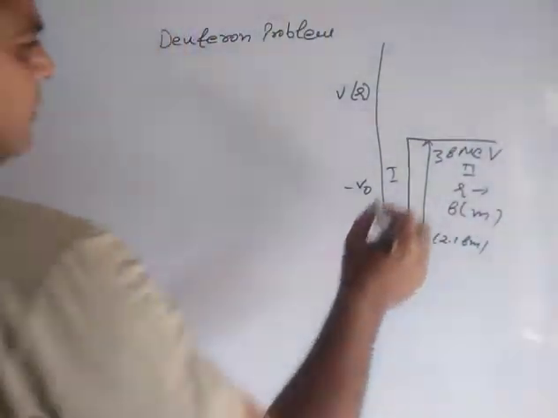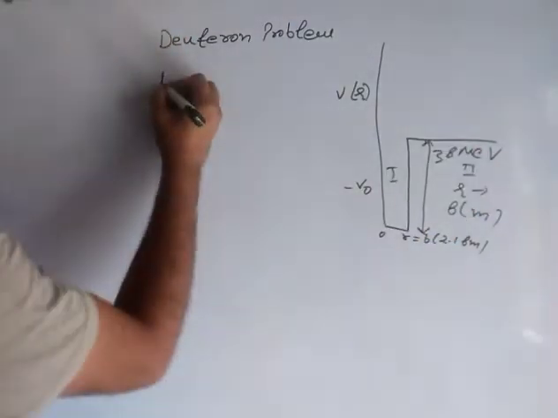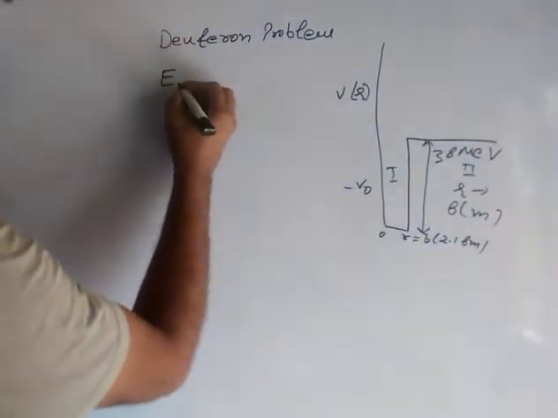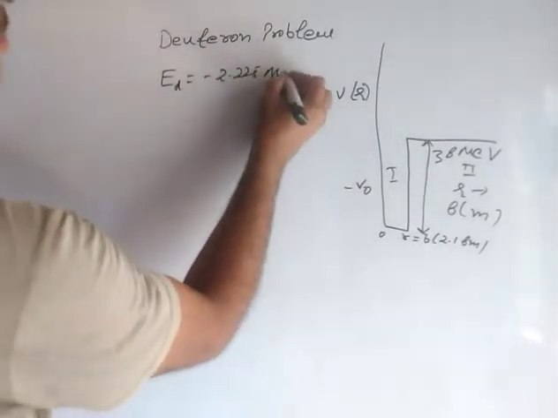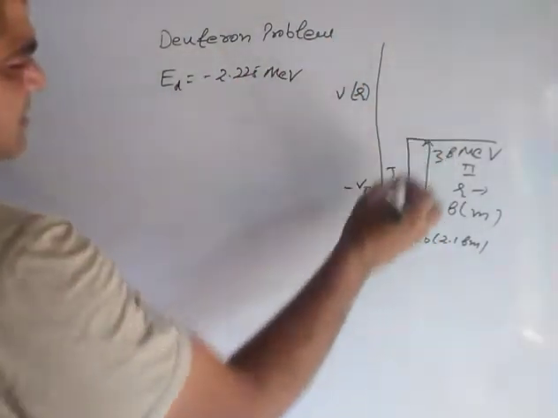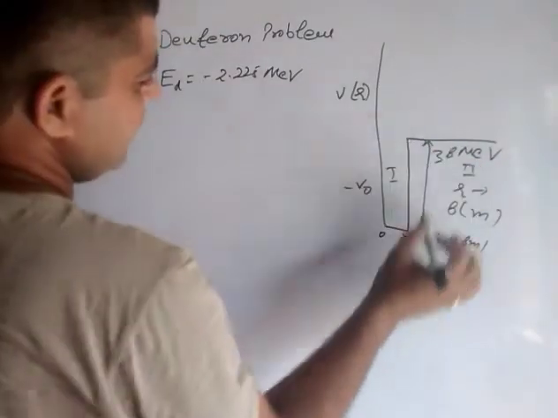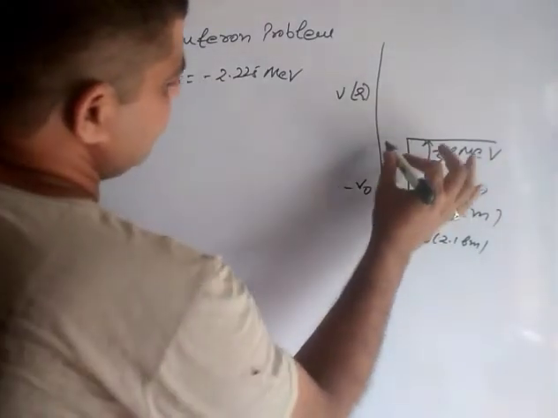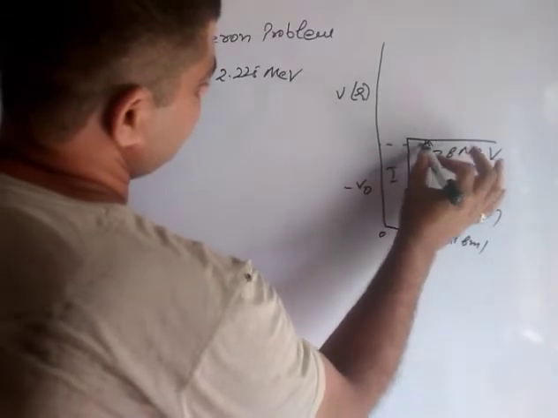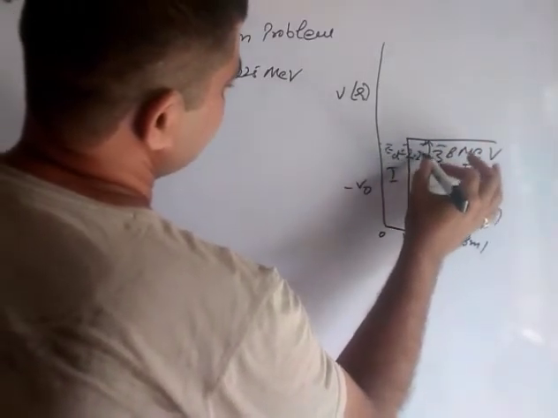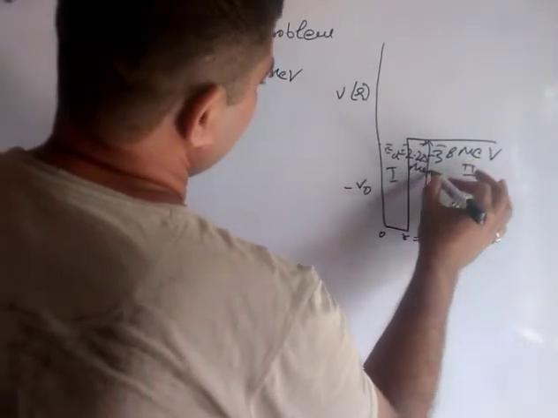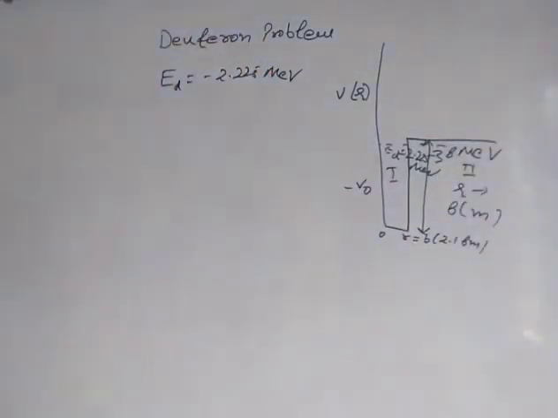Now we know that the binding energy of the deuteron is minus 2.225 mega electron volt. So on this scale, if from here to here we have 38 mega electron volt, then somewhere around here we will have the binding energy Ed equal to 2.225 mega electron volt. So this much we have done in our previous class.